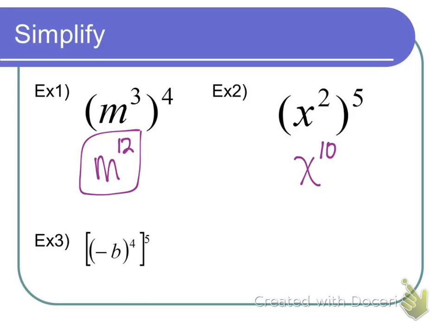Now on that last problem, I would start with your order of operations. So our order of operations tells us to start on the inside of parentheses or grouping symbols. So the first thing I think we need to take a look at is negative b to the 4th power.